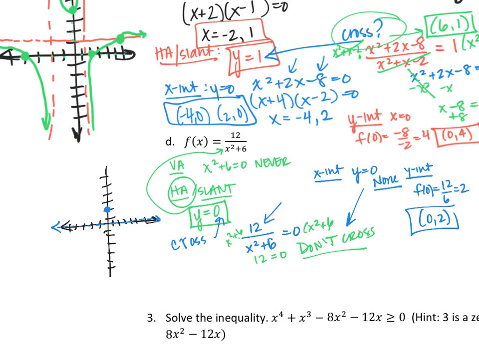And that's all the details that we have. So I know that since I am not crossing my horizontal, I'm going to have to get closer to it as my x's get small, and I'm also going to have to get close to it as they get bigger. So that's pretty much what my graph will have to look like. Not bad. Again, you can double check those on Desmos.